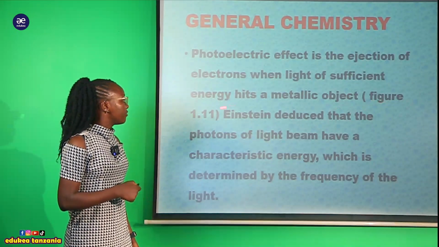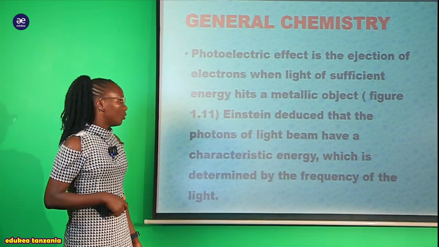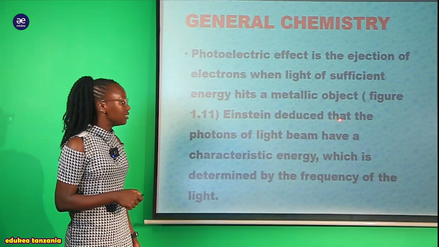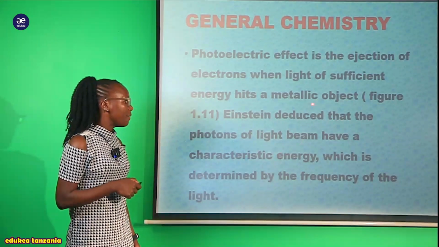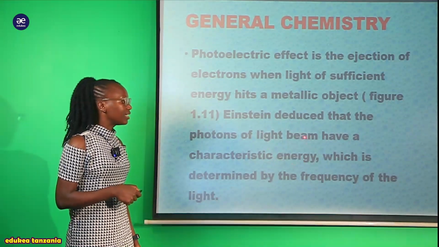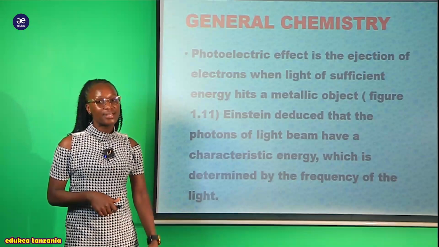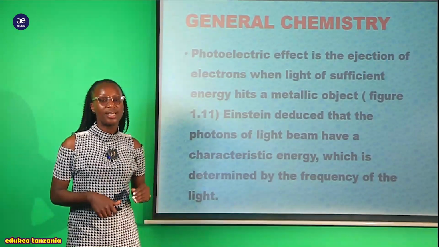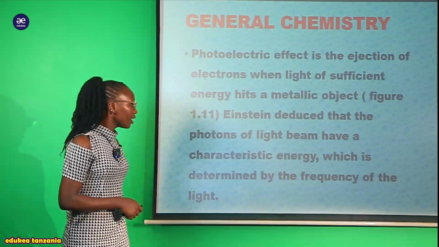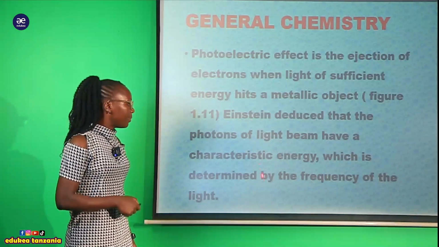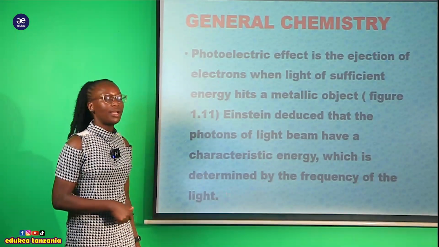We are going to look at figure 1.11 whereby Einstein deduced that the photon of light beam has a characteristic energy, kwamba a certain beam of light has a characteristic energy which is determined by the frequency of the light.